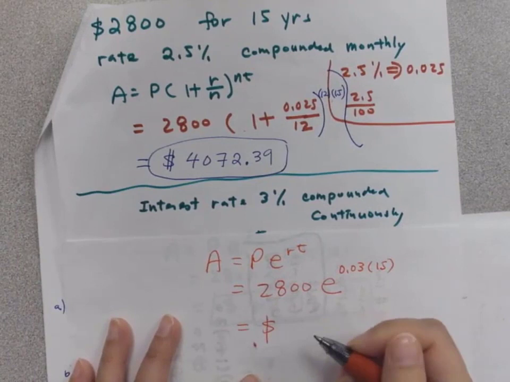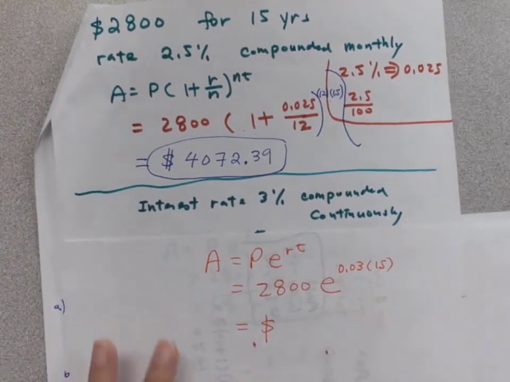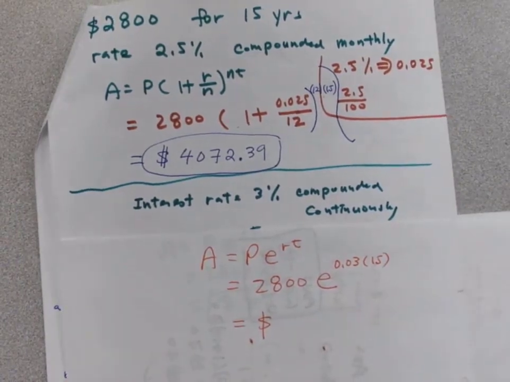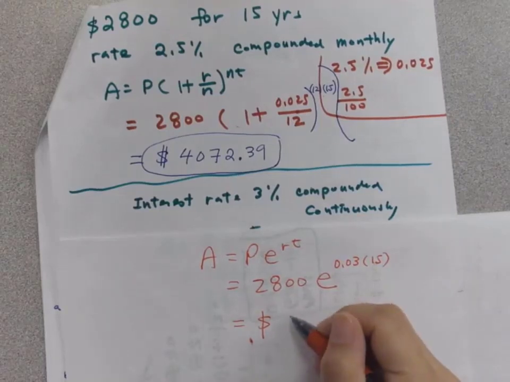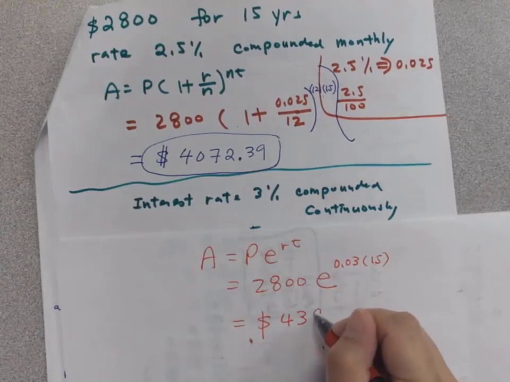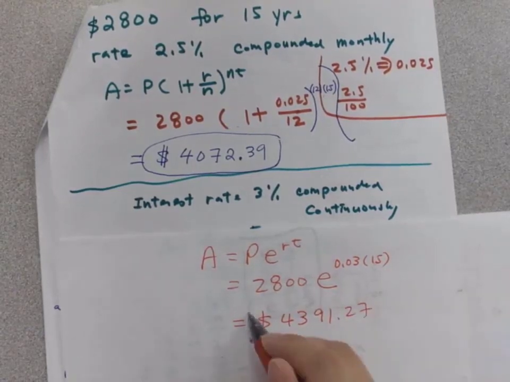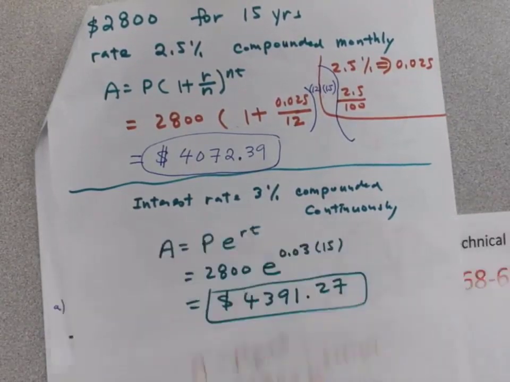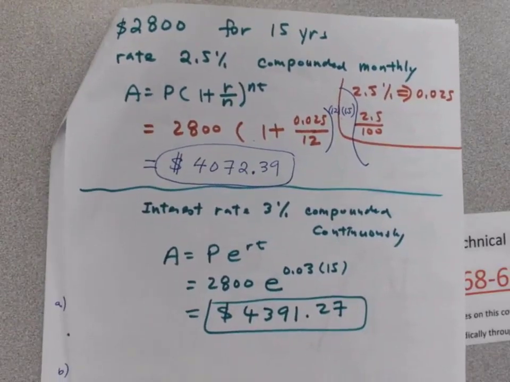And then help me to find the answer. Very last one for today. It's 4,391.27. Do we agree? Yes. Okay, so like that. Any questions before we go?